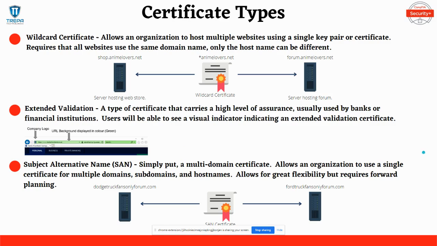A wildcard certificate allows an organization to host multiple websites using a single key pair. For example, if I wanted to create a t-shirt shop for Trepa Technologies, but I did not want users to be directed to my original domain of trepatech.com, I could use a wildcard certificate that allows me to have a subdomain like t-shirt.trepatech.com.